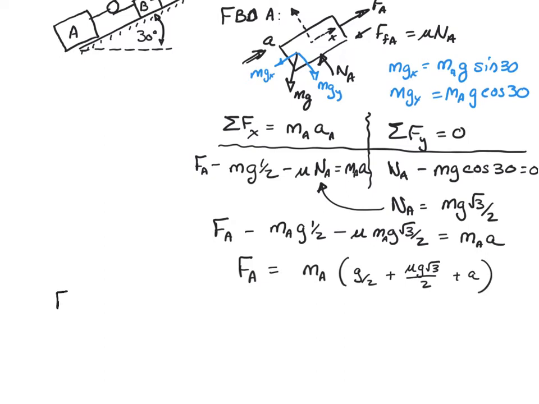My next free body diagram is going to be pulley A, the pulley that's attached to A. In this case, I'm going to have two forces pulling up. I'll call it tension sub A, and the force pulling down is F sub A. And again, we'll have the same coordinate system.